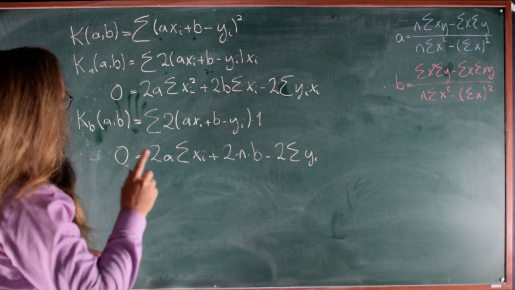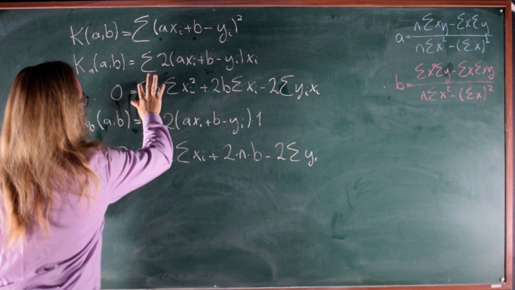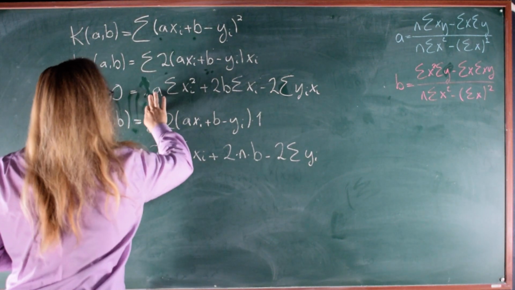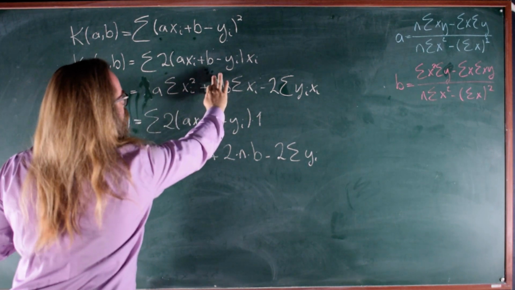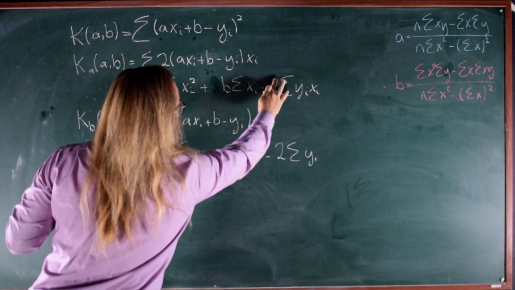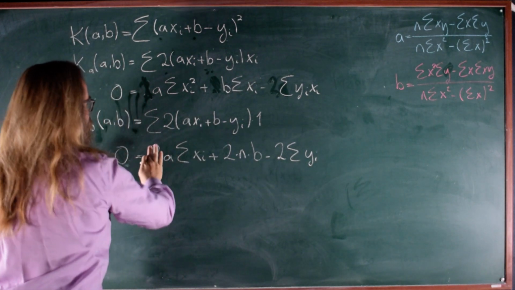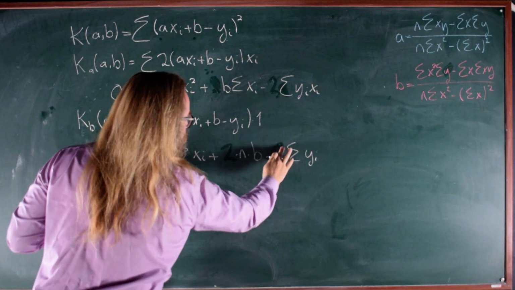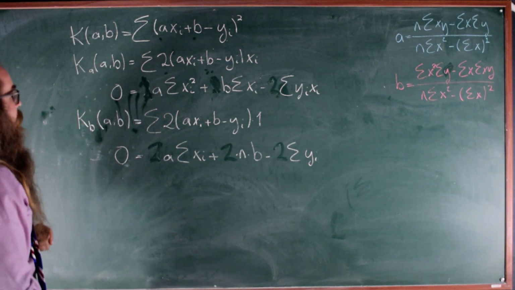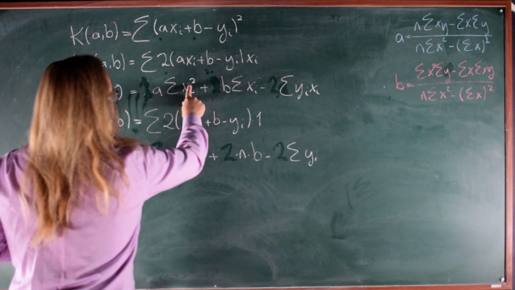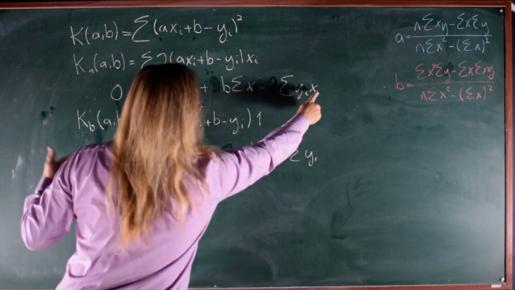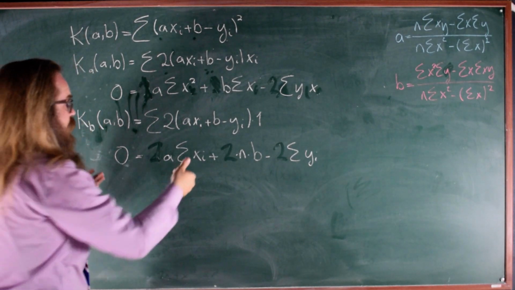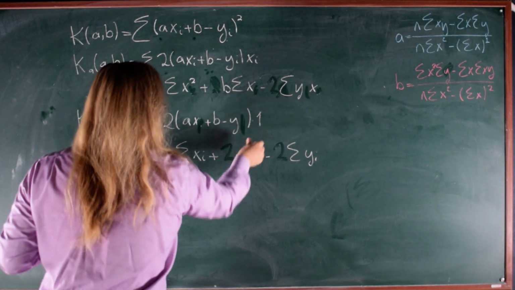What I can do here is cancel out all the 2's by dividing this whole thing by 2. It doesn't make a huge difference, but it's just an extra 2 I don't have to carry around. And I can also start dropping these subscripts. It's implicit. If it says x or it says y, there's an index there. I just don't want to carry that around.